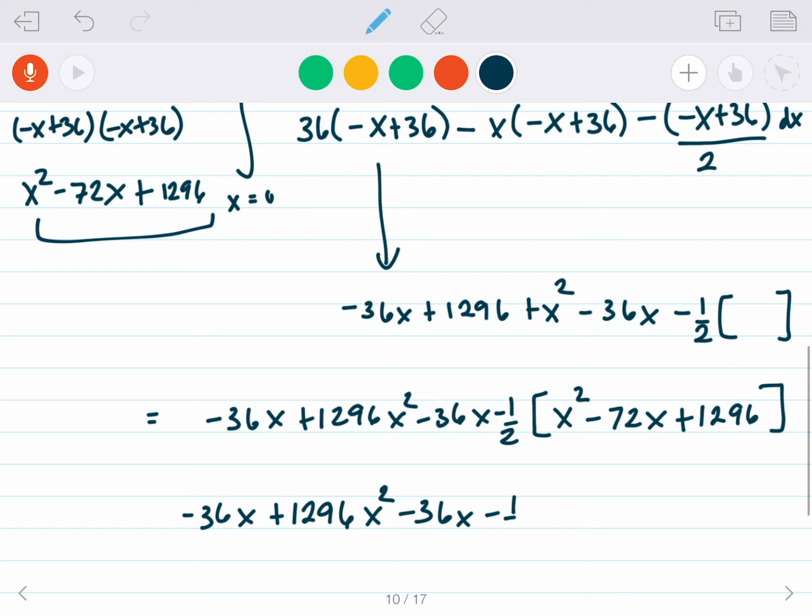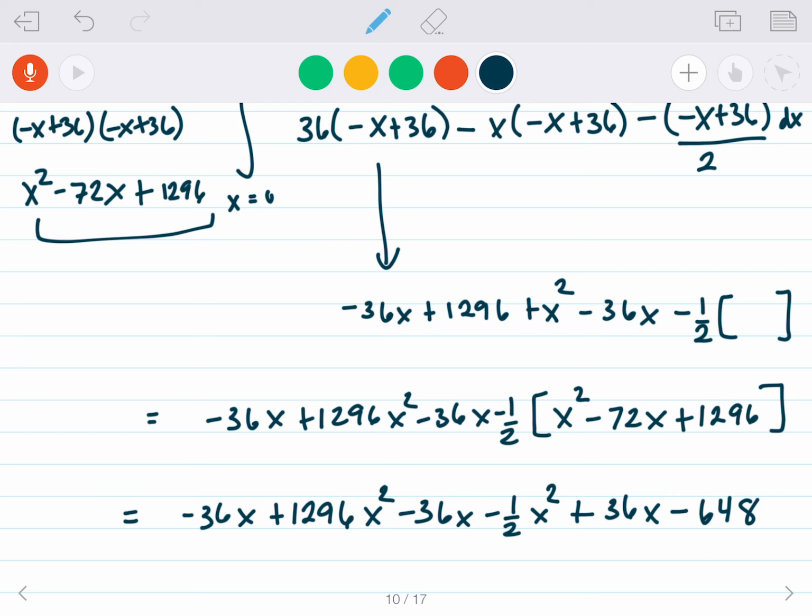So we have minus 1/2 x squared plus half of 72 is 36, right? Yeah. Okay, so that's plus 36x, half of 1296. Let's see. Sometimes it's just better to be safe than sorry. Yep, there we go.